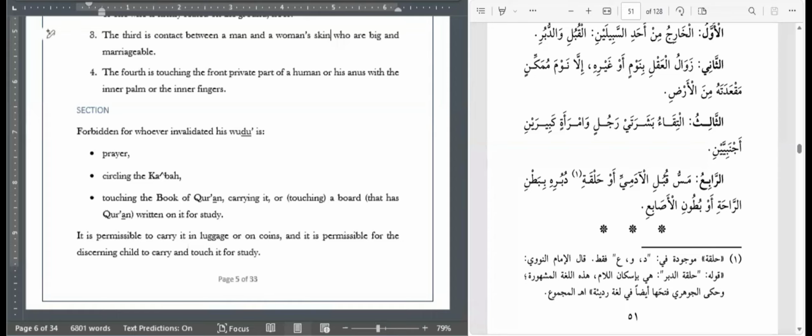But it doesn't break the wudu because that's not thought to be the spot of desire. The hair, the teeth, the nails, touching those are not thought to be the spot of desire for touch, as opposed to the eye, for example. The hair is a spot of desire for the eye, for seeing. So the woman's going to cover her hair, not for the touch as much as the sight.